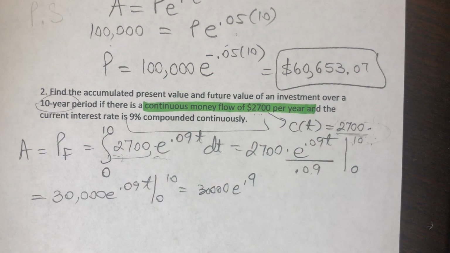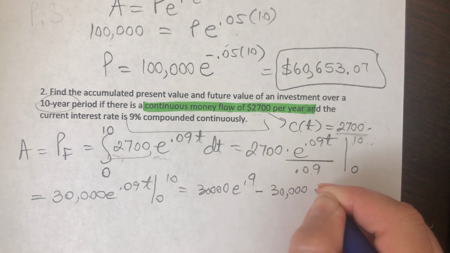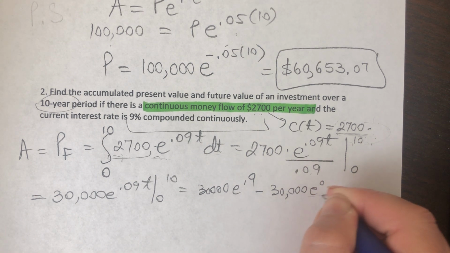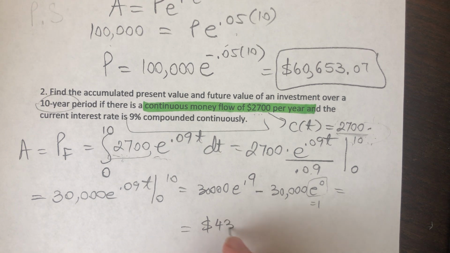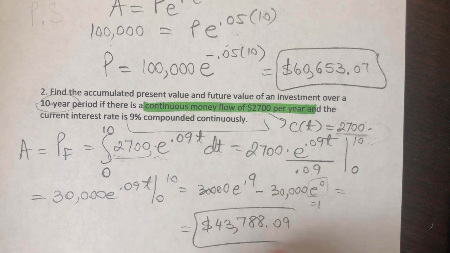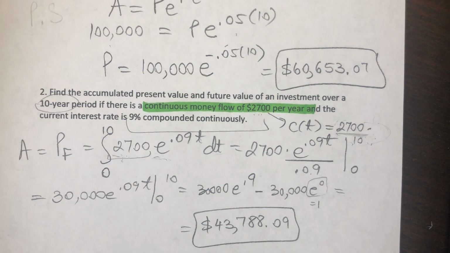I plugged in the 10, minus 30,000 e to the 0, by the way. And what's e to the 0? That's a 1, right? So minus 30,000. So put that in your calculator, and you're going to come up with $43,788.09.